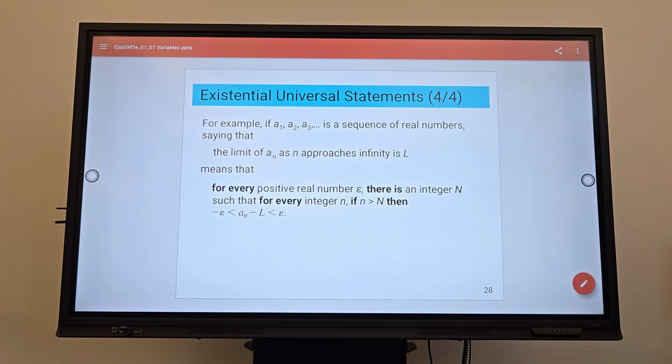And that would be conditional. So it uses all of the above types of statements combined into one.